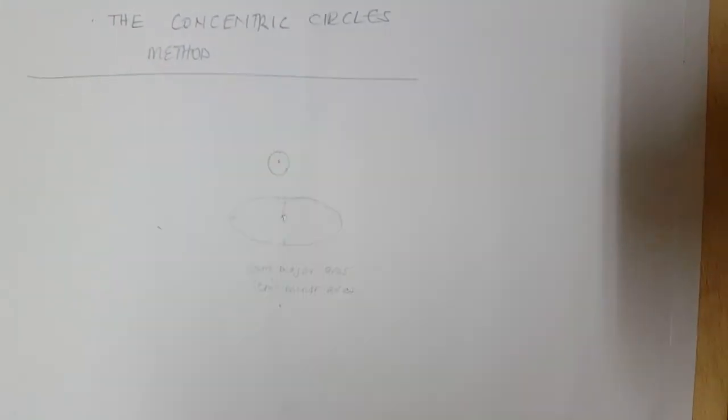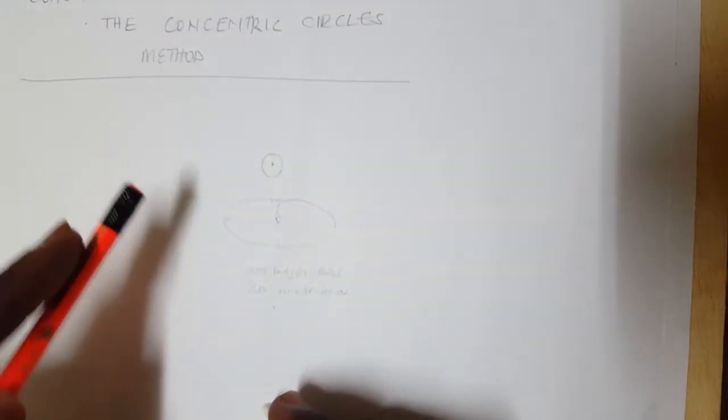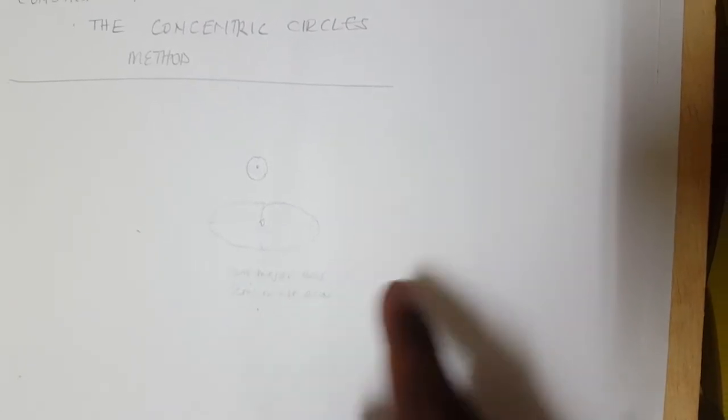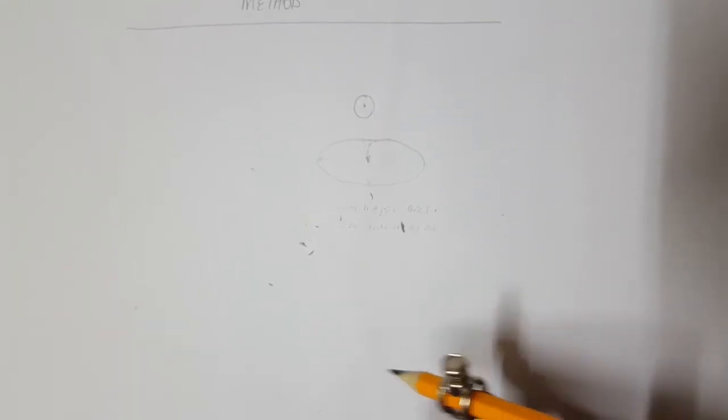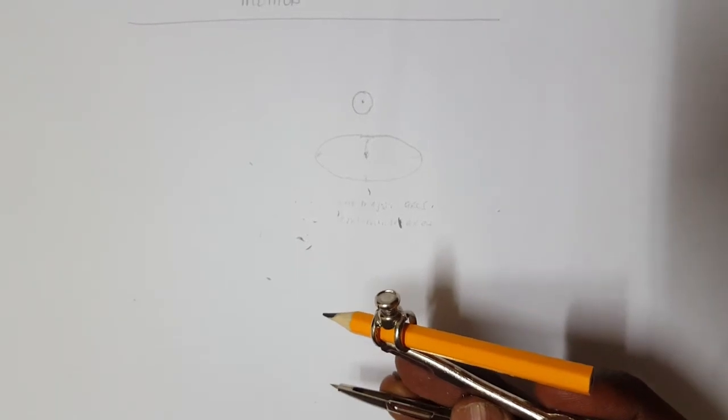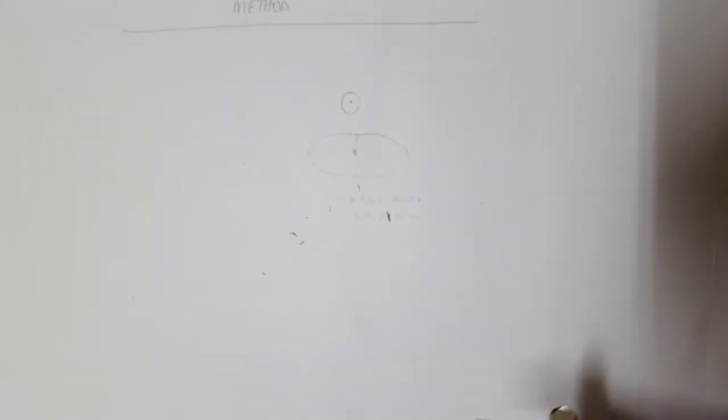So with the help of the concentric circles method, we can construct an ellipse. So first, we will construct two concentric circles, one with diameter equal to the semi-minor axis and one with diameter equal to the semi-major axis.